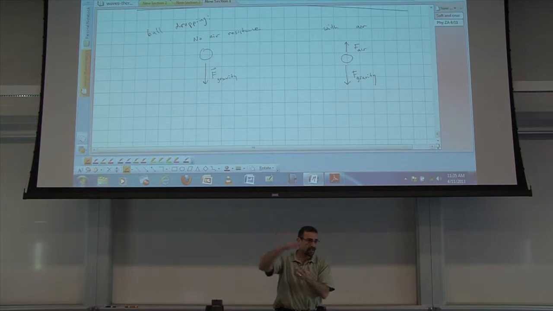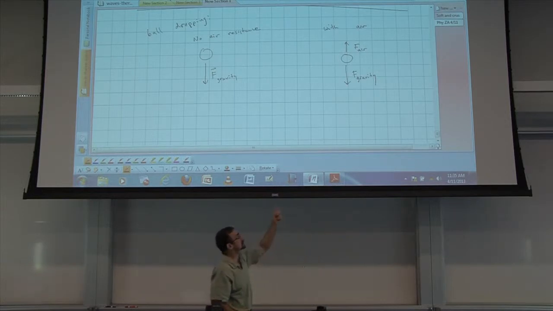As it goes faster, it hits more and more air molecules in the same amount of time, so that force increases with speed. As the object falls faster, that arrow gets bigger and bigger, the air resistance pushing up. But the force of gravity is the same.